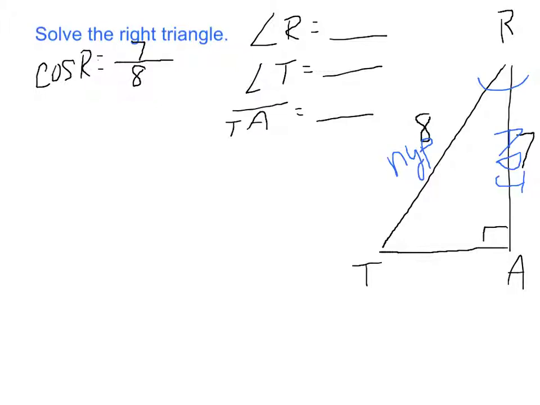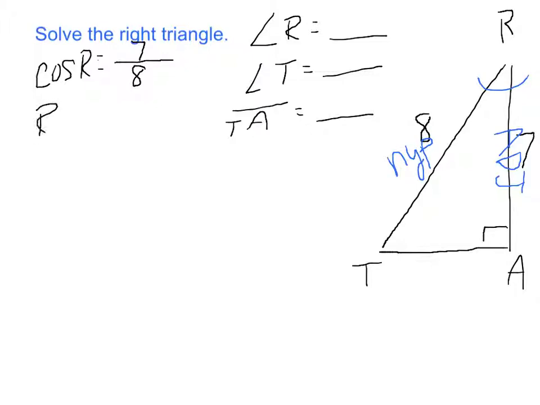Here, I want to get rid of the cosine and leave the R only. So to do that, I have to take the inverse cosine. Remember, this is not cosine times R. Cosine is a mathematical operation, so we need to do the inverse of cosine. And that looks like this.